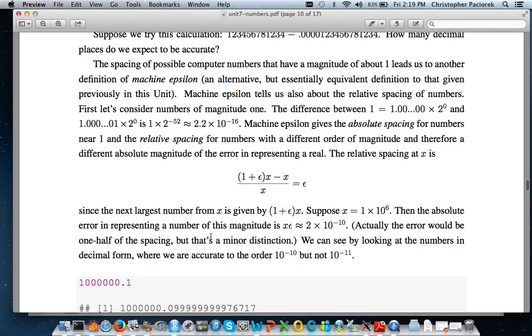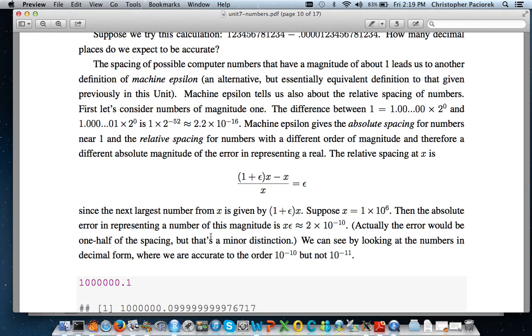So if I think about applying this formula and what it means, suppose I have a number like 1 times 10 to the 6th. Then the absolute error in representing numbers of that size is going to be epsilon times the magnitude of the number.